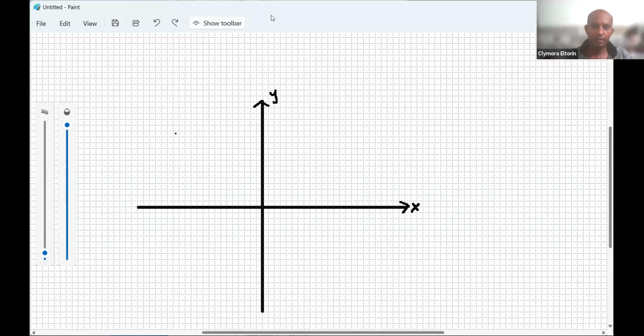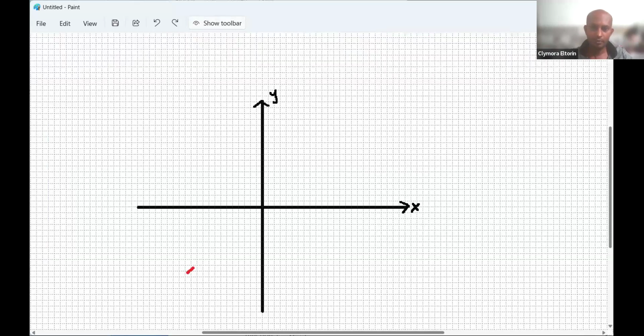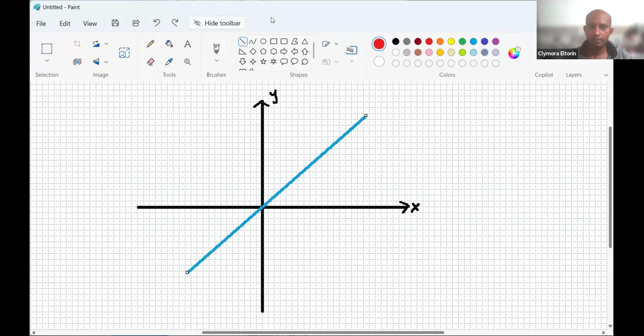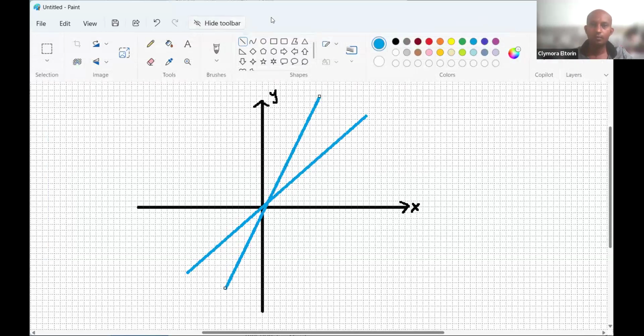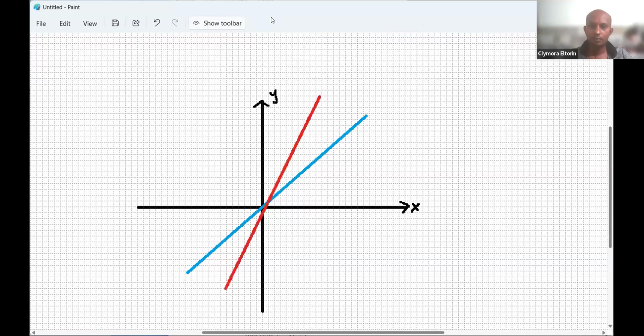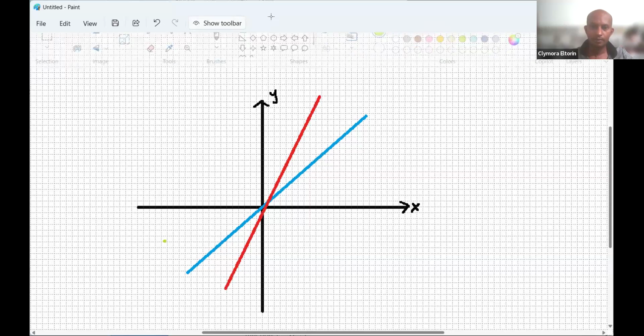If I draw a graph like this, here I'm going to draw three graphs, not according to proper measurements. This is one of the graphs.